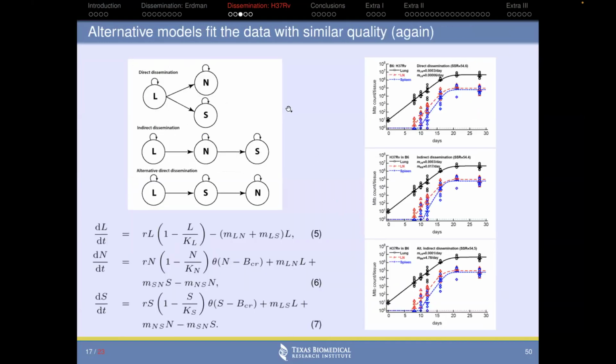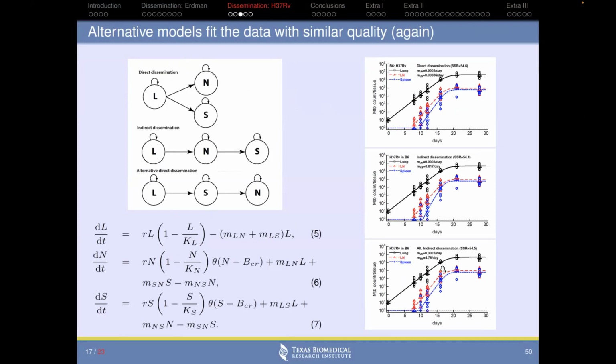So we did the same thing. We tested if we have a direct dissemination model, indirect dissemination model, or alternative direct dissemination model. We don't have liver here, it's just spleen. Very similar models. Unfortunately, the answer was that all these models can fit the data perfectly fine.